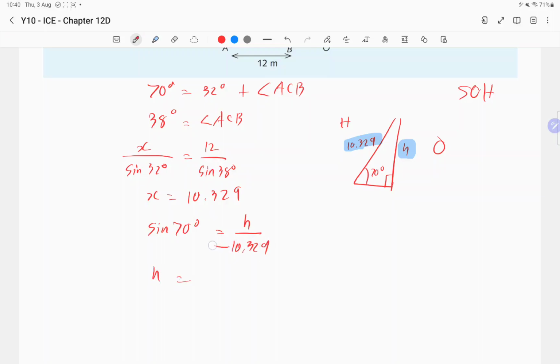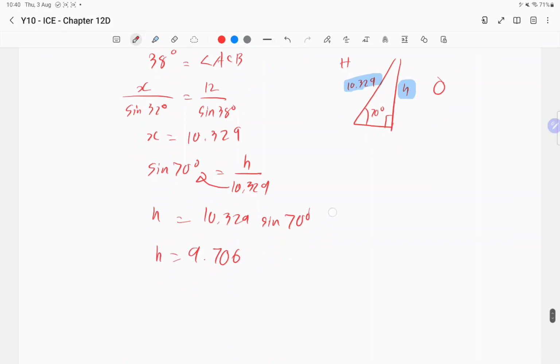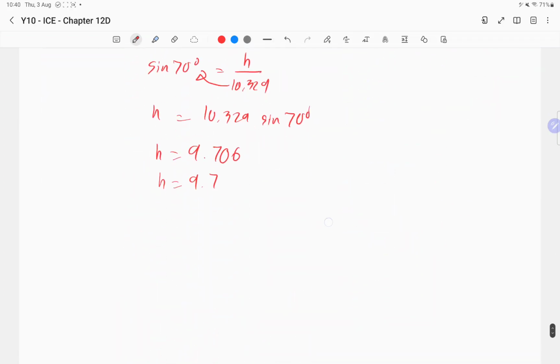So then h would be 10.329 times sine of 70 degrees. To three decimal places, that would be 9.706. And then to one decimal place, that would be 9.7. And the unit is in meters.